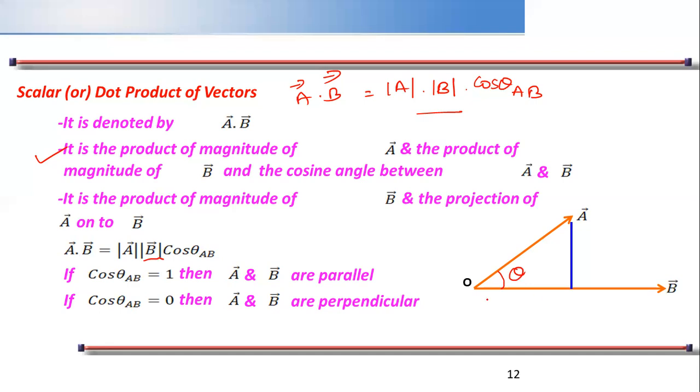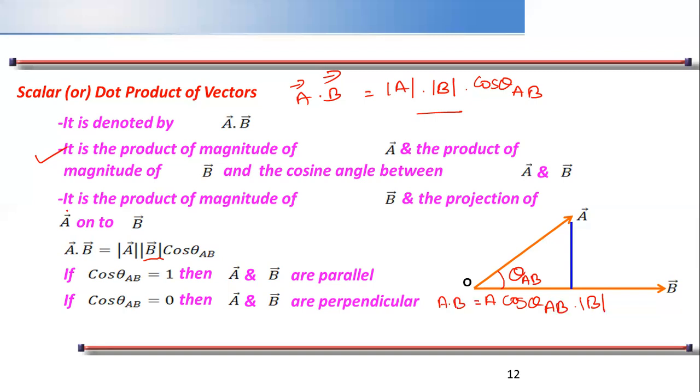If this is theta AB, then A cos theta AB will be this side, because cos theta means adjacent side by hypotenuse. The hypotenuse is A, so the adjacent side will be A cos theta AB. So A cos theta AB into magnitude of B will be A dot B.